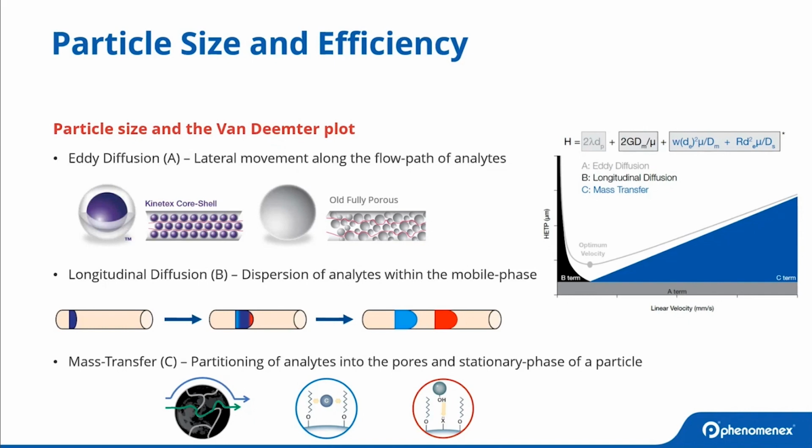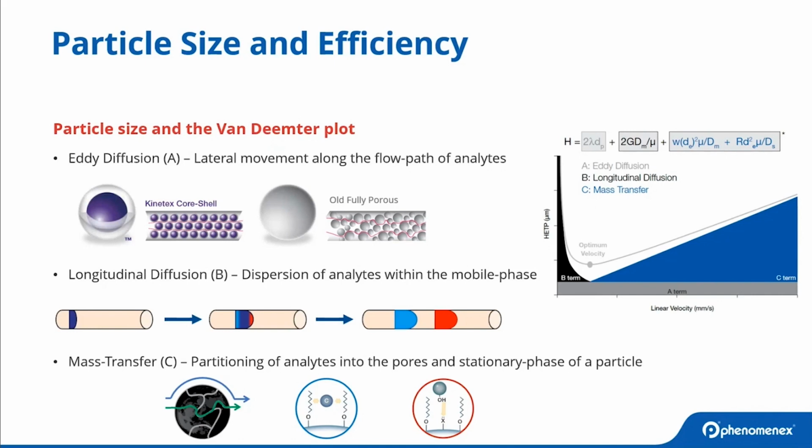And here's where I need to apologize and just once again take a step back and say that when we are talking about the Van Deemter plot and the Van Deemter equation, this is one means by which to represent the efficiency of your analyte band. Once again, how sharp is your peak?